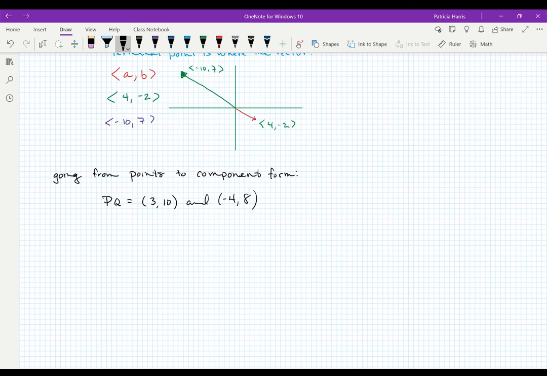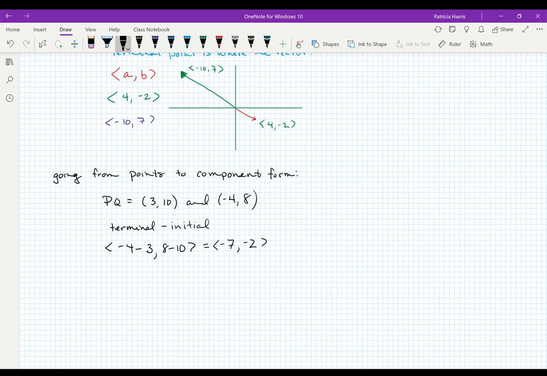is subtract. Now, like slope, order matters. Okay, we always want our terminal point minus the initial point. So we want to go terminal minus initial. So we're going to go -4 minus 3, and then 8 minus 10. And that's going to give us our component form, -7, -2.